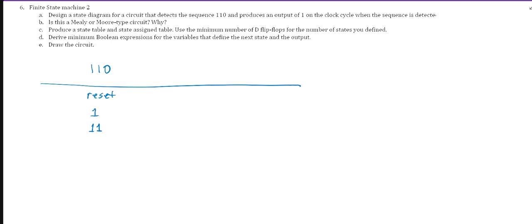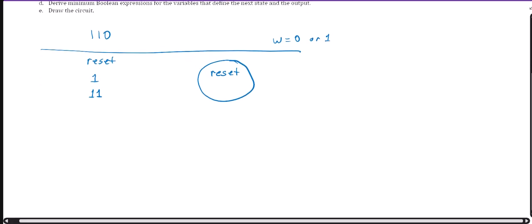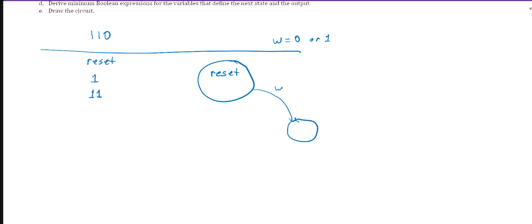So my state diagram will look like this. I'll have reset, and I'll let my input be the variable W. And if I get a 1, then I have made progress towards my next state.